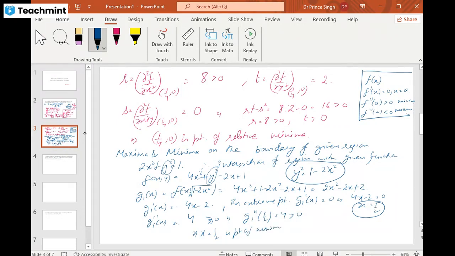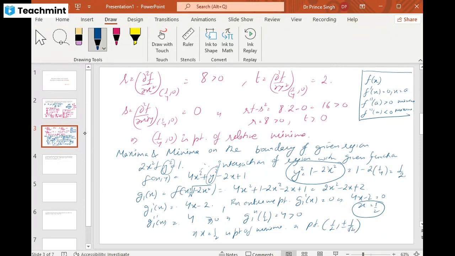And further, if x equal to 1 by 2, then the point is 1 by 2 comma plus minus, because what is y square? It is 1 minus 2x square. So it is 1 minus 2 times 1 by 4. So 1 minus 1 by 2 is 1 by 2. So it is plus minus 1 by root 2.